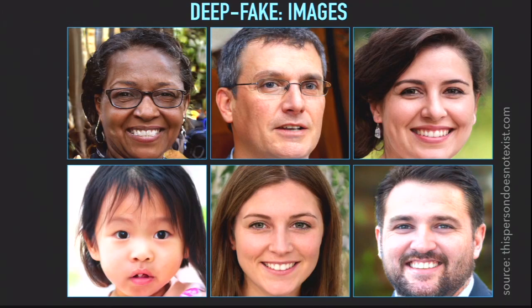So these six people here have never existed. They are synthesized by a computer, whole cloth, knowing nothing other than what people look like in portraits. And you can see it crosses gender, it crosses race, it crosses age, it gets things like earrings, glasses, facial hair, and it is really good.